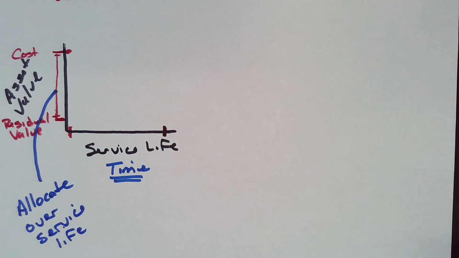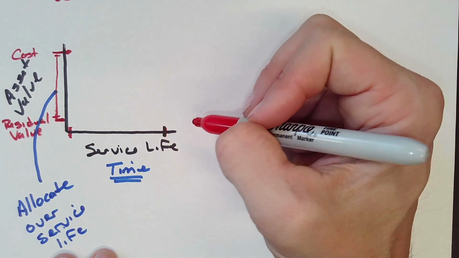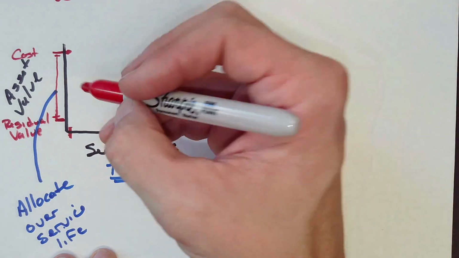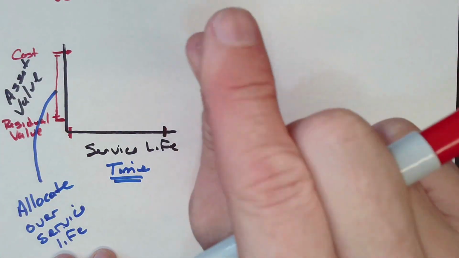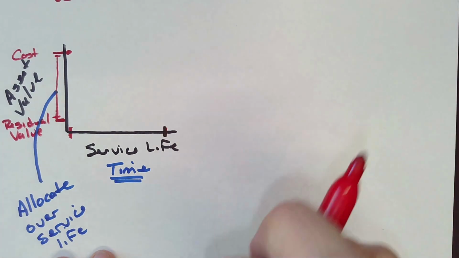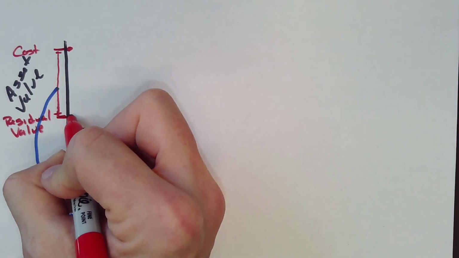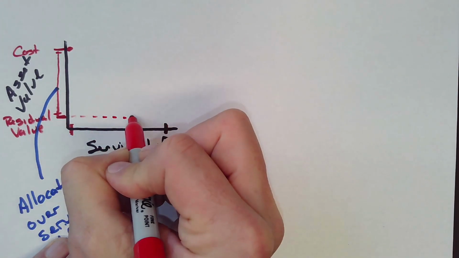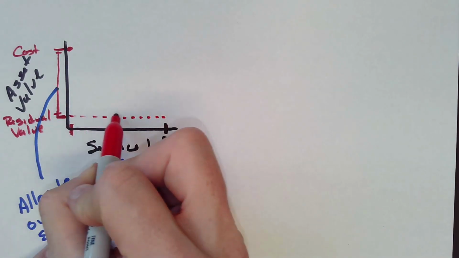Well, one way to look at this is making a judgment call that every year that we go by, I use up a similar amount every single year. I use up the same amount every single year. I'm just going to draw that little dotted line. That's my residual value.